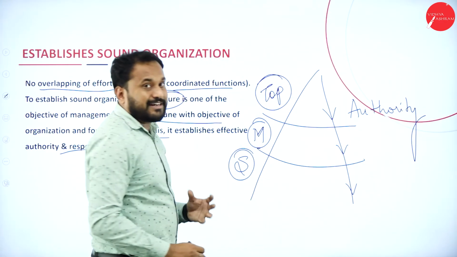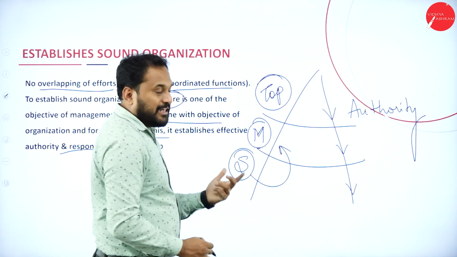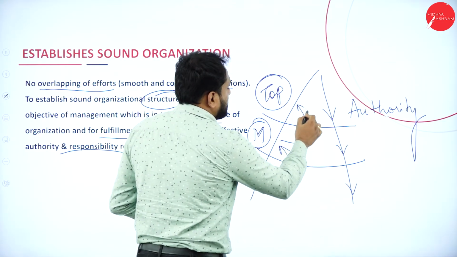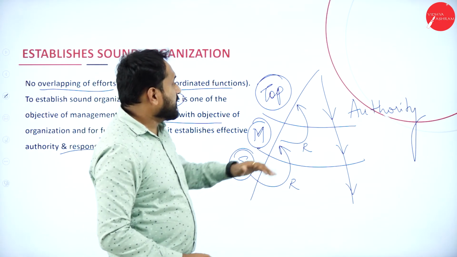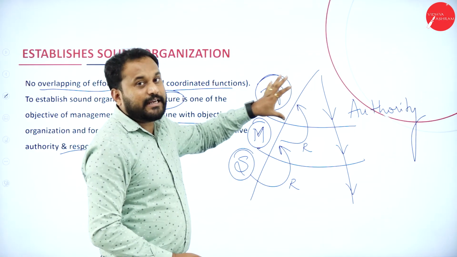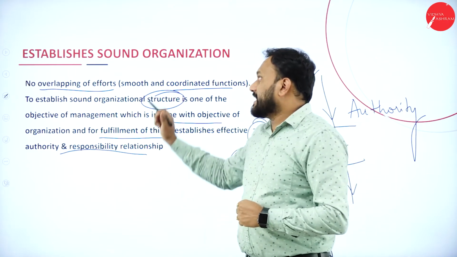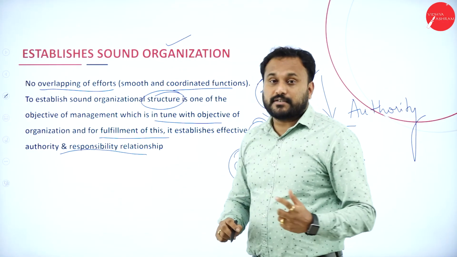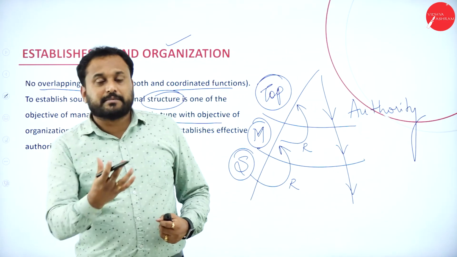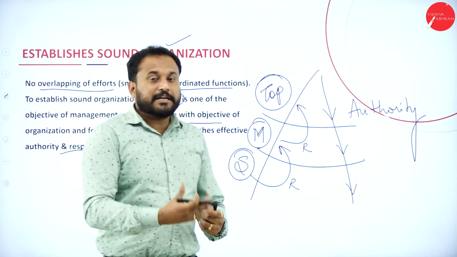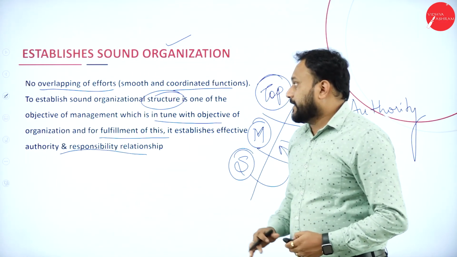And when it comes to responsibility, the supervisor level will have a responsibility over the middle level, and the middle level will have a responsibility over the top level. But if you have strong authority and responsibility, then you can establish a sound organization. So it is a military concept. Management is something we have taken from the military, where authority and responsibility are very, very needed.